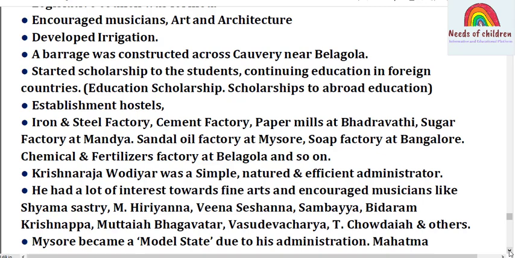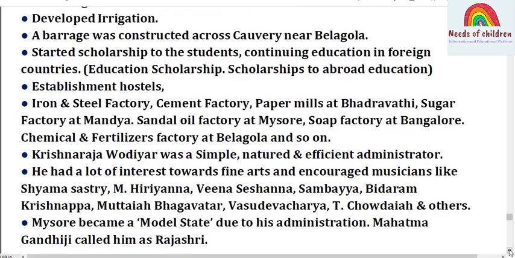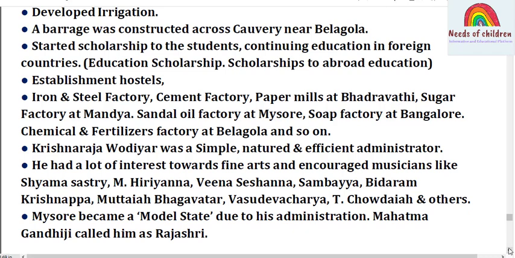Krishnaraja Wodeyar was a simple, cultured and efficient administrator. He had a lot of interest in fine arts and encouraged musicians like Shama Shastri, M. Hirannaya, Veena Seshanna, Sambaya, Bidaram Krishnappa, Muttaya Bhagavatar, Vasudevacharya, T. Chaudaya, and others.